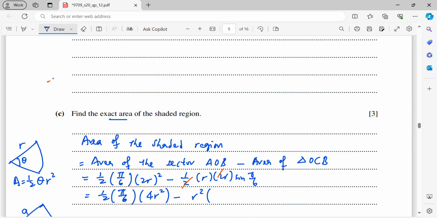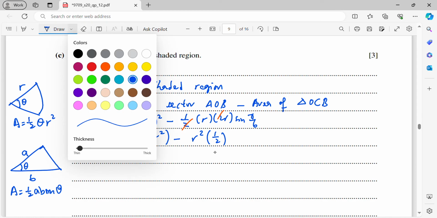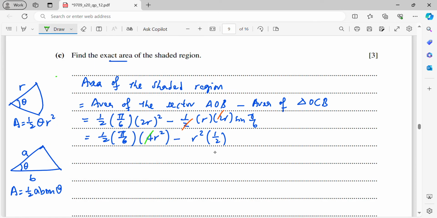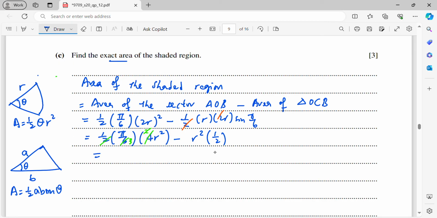So sine pi over 6 is basically half. Right? Then now you can simplify. Here is, okay, this is 2, cancel. Then these 2 cancel with the over 6. This is 3. So that means you will be getting pi over 3 r squared minus half r squared.